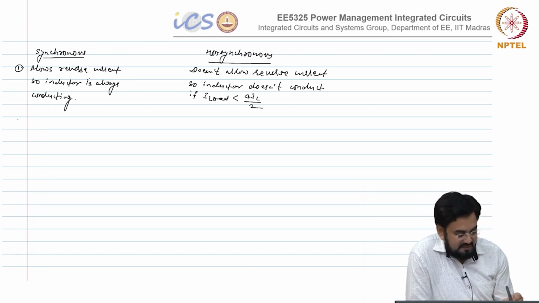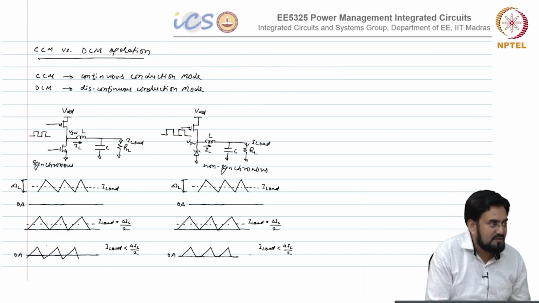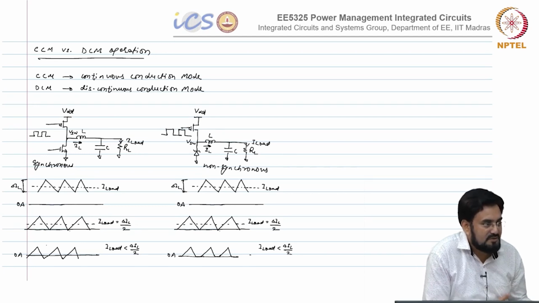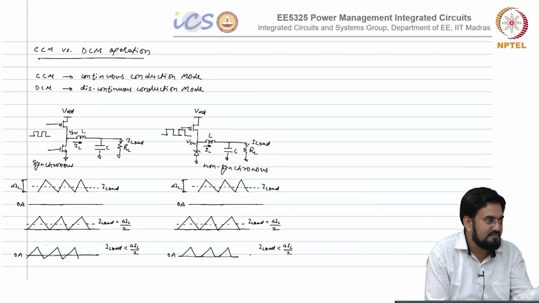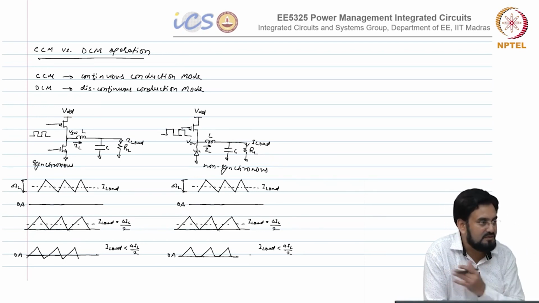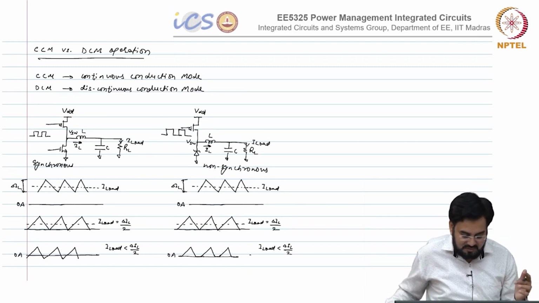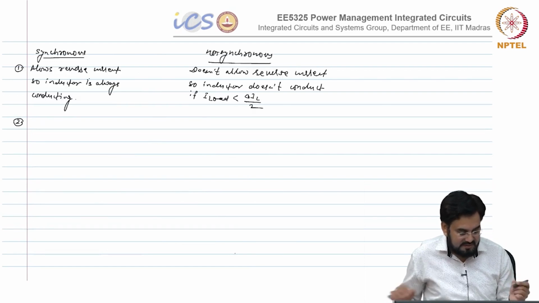which one will have a better efficiency. If you look at here, you are dumping in the ground the current, okay, so that is lost, huh? So, in order to fill up that means you have to draw more charge from supply. Here you are not dumping any current, everything is supplied to the load. So, you do not need to cancel the losses. So, that will have better efficiency.